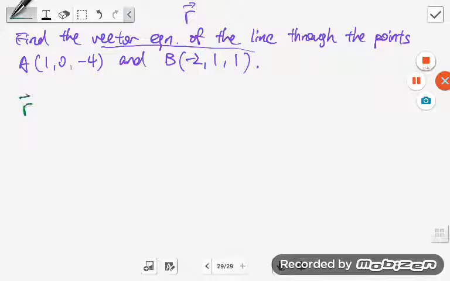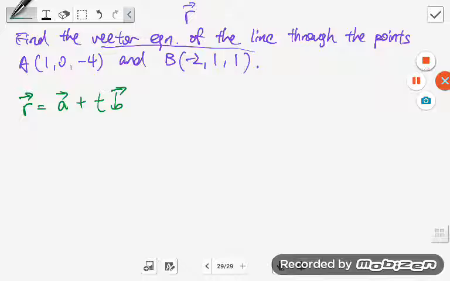Now, in order for us to come out with the vector equation, all we need are two things. The position vector to any point that is on the line, plus a t, which is just some random value, multiplied by a vector that is parallel, or in other words, a direction vector.